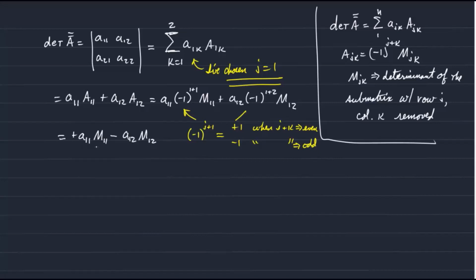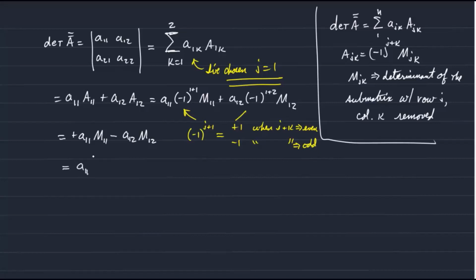So now let's evaluate the subdeterminant. So in the first case, we have A11. So we're going to remove the first row and first column, and now we just have to take the determinant of this submatrix. So this is the remaining submatrix when the first row and first column is removed.